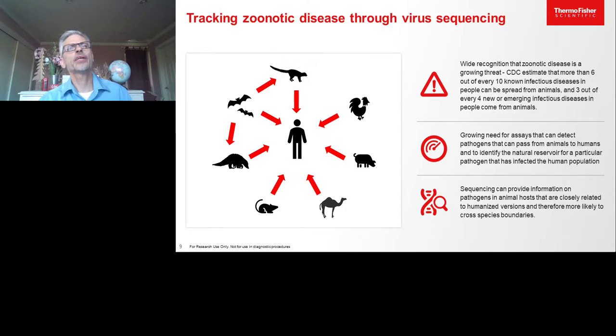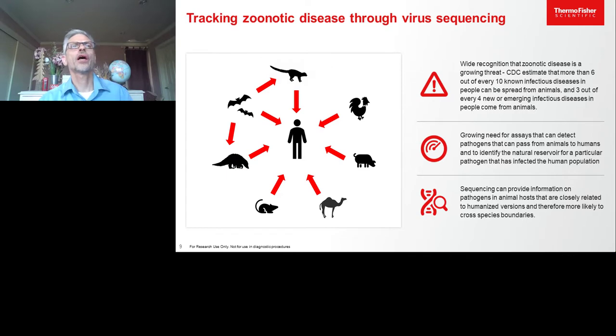They can pass either directly from an animal into a human. For example, as we discussed, dromedaries were responsible for directly transferring the MERS virus, and of course, we have bird flu and swine flu that can be directly transferred into humans.